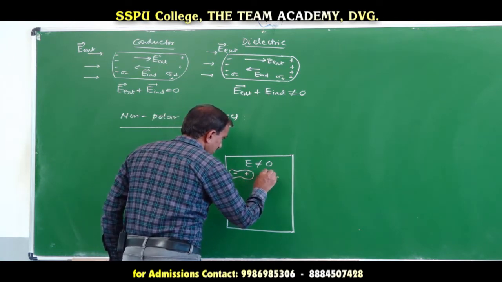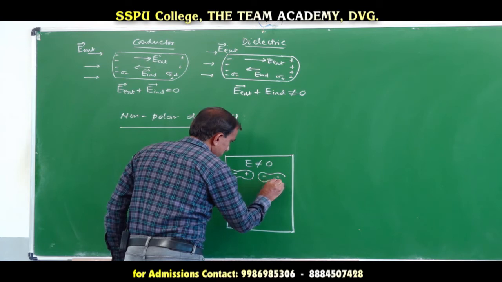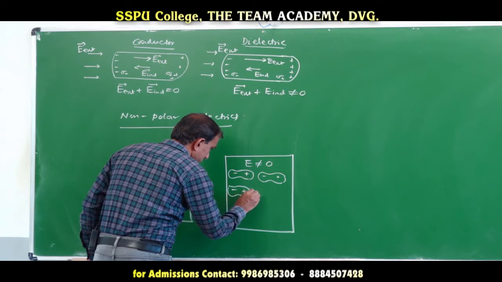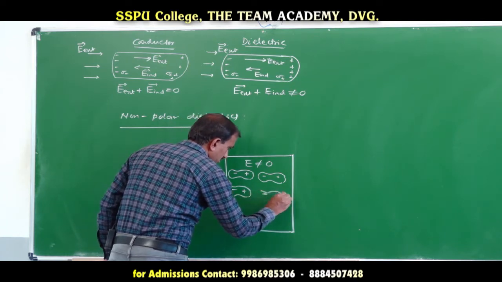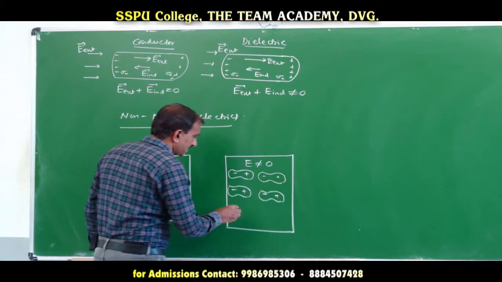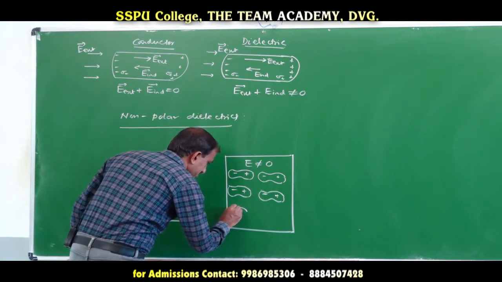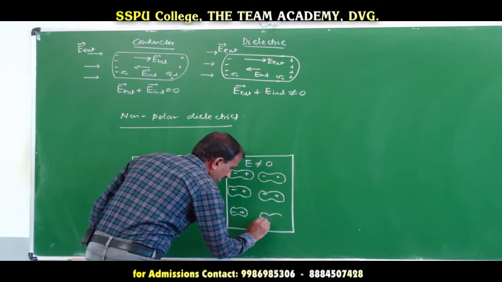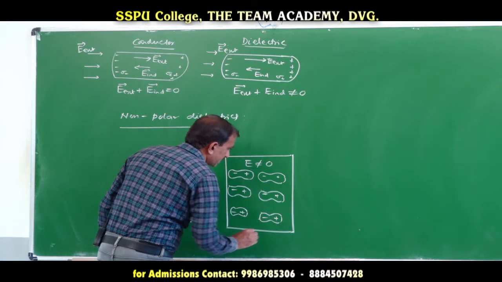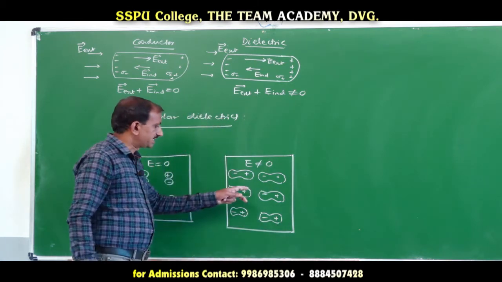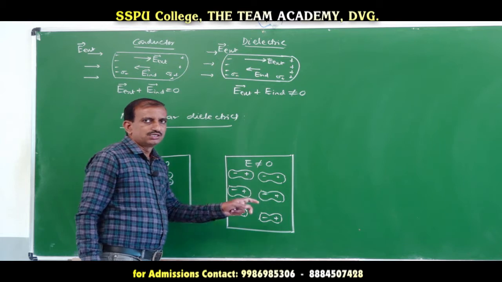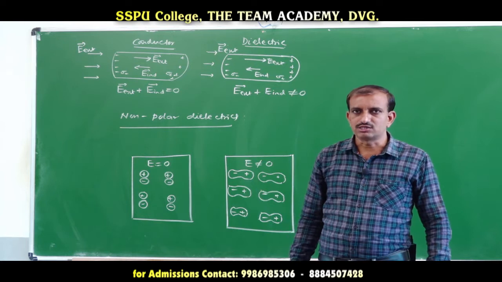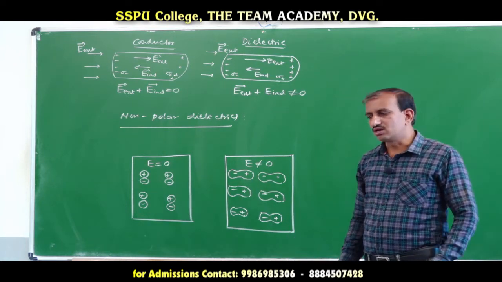These are the positive and negative charges separated due to the applied electric field, and the dipole moment is in the direction of the applied electric field. These are the non-polar dielectric molecules in the presence of an external electric field. Therefore, in the presence of an external electric field, the non-polar dielectric molecules show a dipole moment.